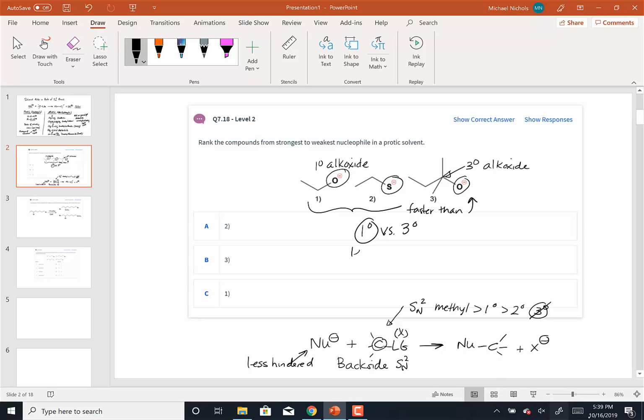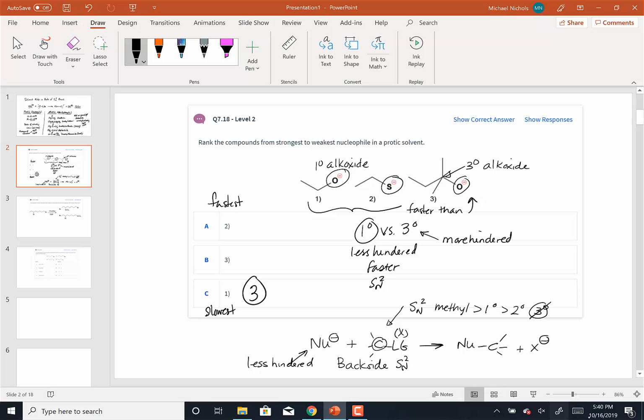The primary is less hindered, so it's going to react faster in an SN2 reaction than the tertiary, because the tertiary is more hindered. Okay, so those are the basic terms we need to look at. If I'm looking at fastest to slowest, I'm going to automatically put number 3 as the slowest, because it's the more sterically hindered nucleophile.